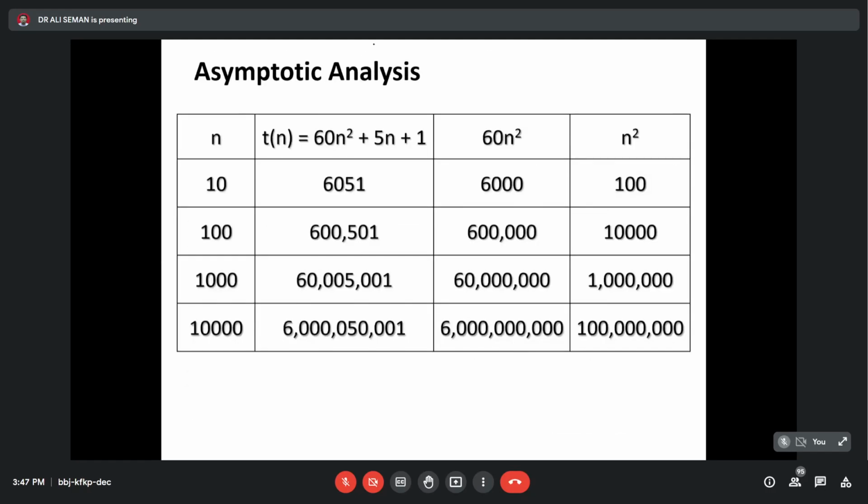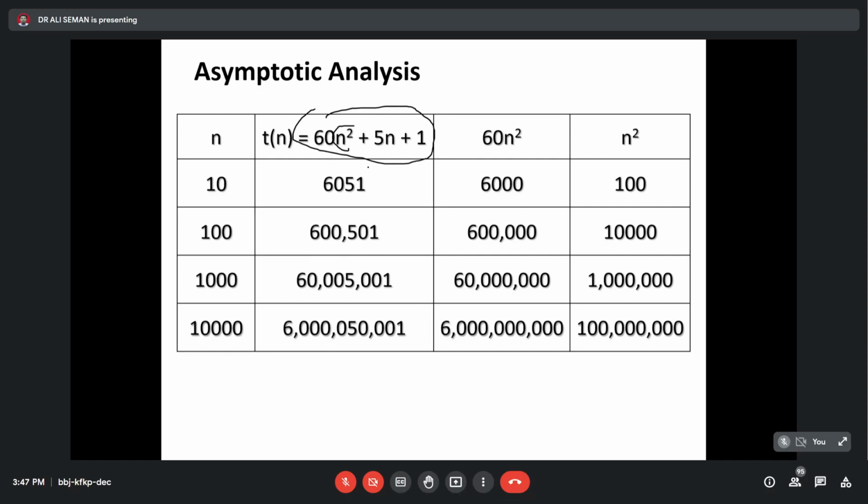Okay, look at this. Let's say when we do the analysis, the input size n is 10, and we increase the power 1, 2, 3, and we increase 10, 100, 1,000 and 10,000 here. Let's say we do the analysis and we got this: some constant 60 times n squared plus 5 times n plus 1.